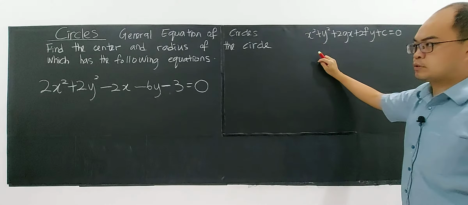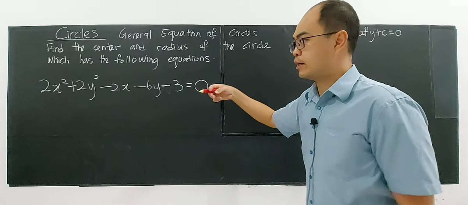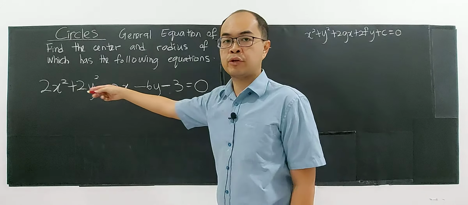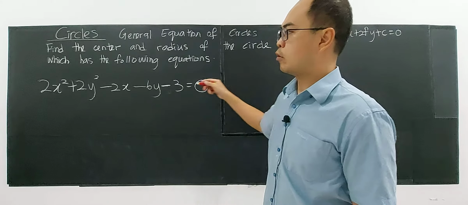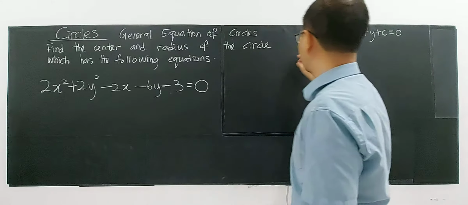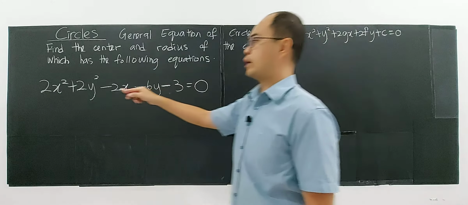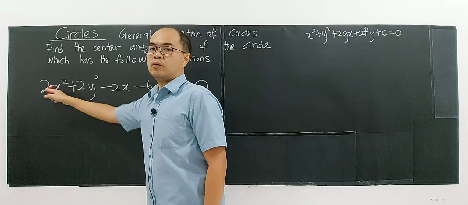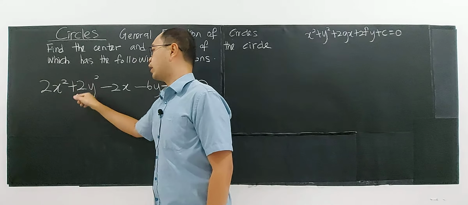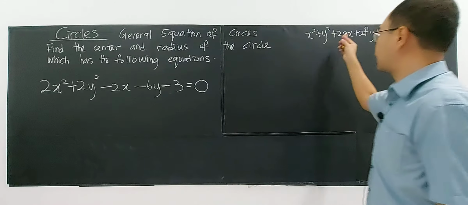coefficient here being 1. This is also a general equation of a circle, but we have to modify it such that the coefficients for x squared and y squared are 1 before we apply the formula.